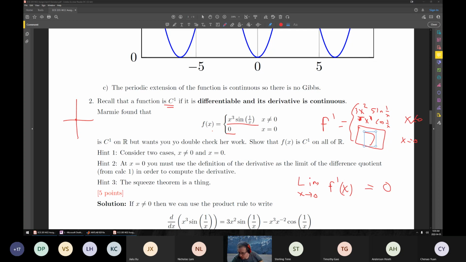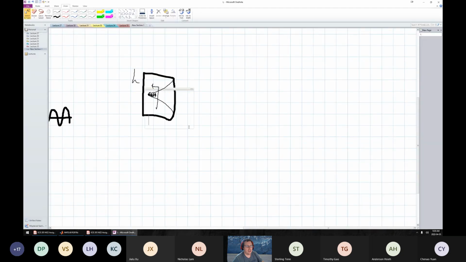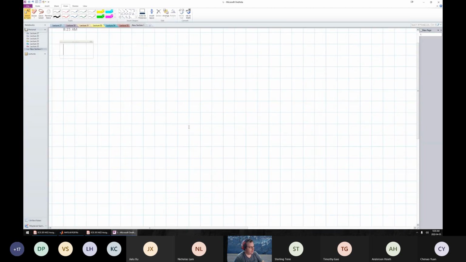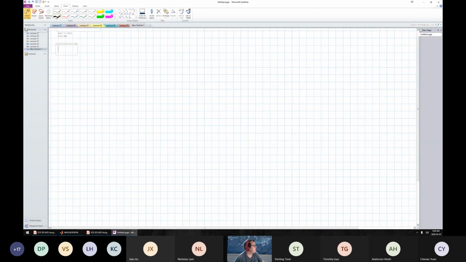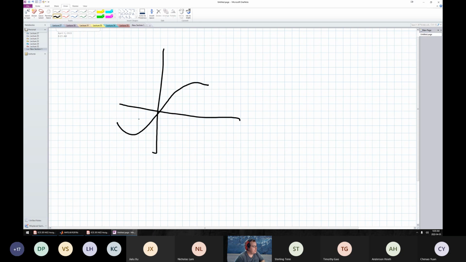So to be piecewise C1, the endpoints... No. So to be piecewise C1, the endpoints can do whatever they want, as long as they're bounded. So for instance, if I give you a function defined on this interval, this thing would be piecewise C1.